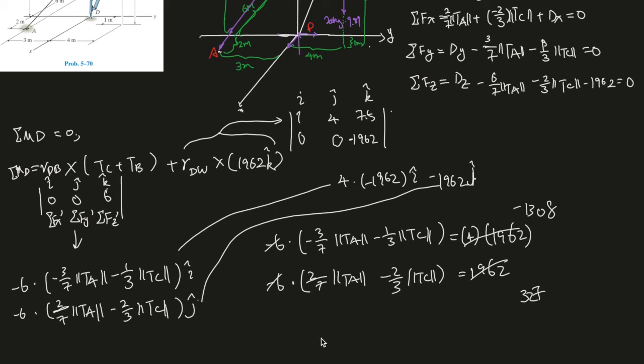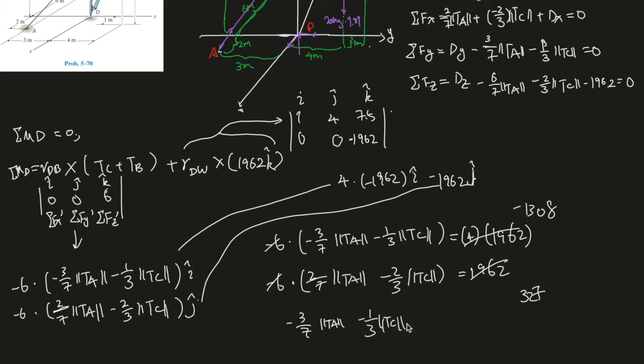If you have a TI-84 Plus, you can use the 2x2 matrix, right? So it would just become an equation of negative 3, 7. This is the first matrix. Let's just call it TA, minus 3, and this is TC.